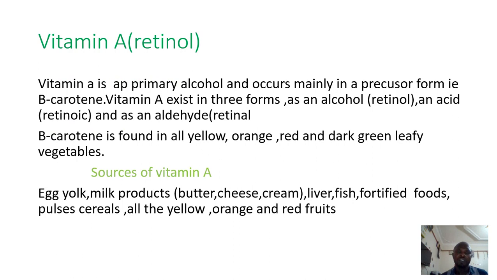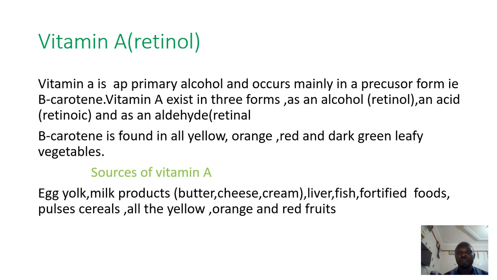Let's look at the fat soluble vitamins, and in this case we are looking at vitamin A. Vitamin A, I said, is retinol, and it is a primary alcohol and occurs mainly in a precursor form, that is to say beta carotene.